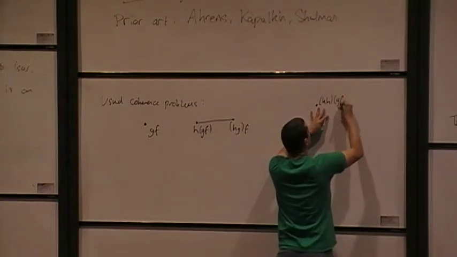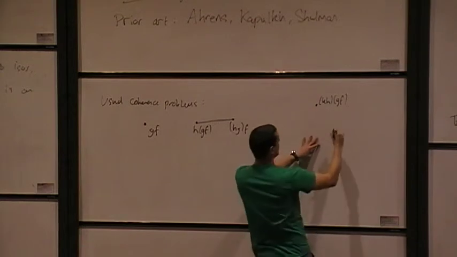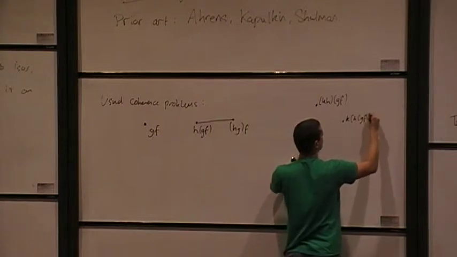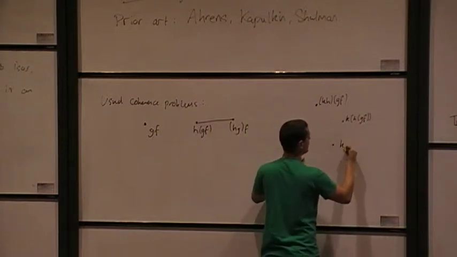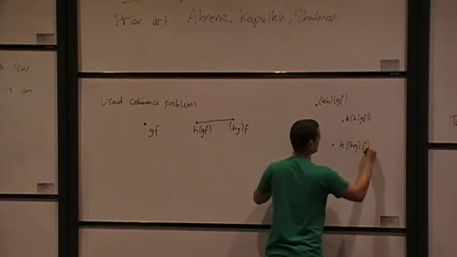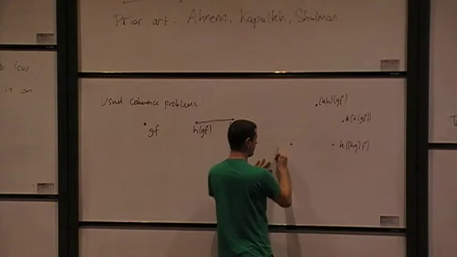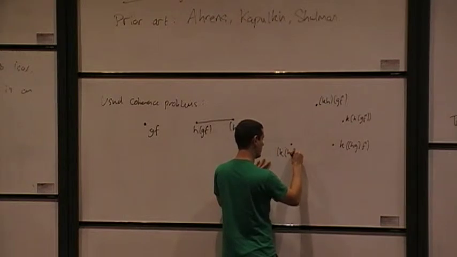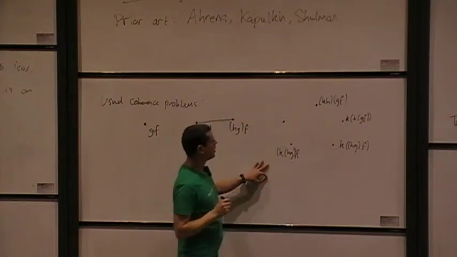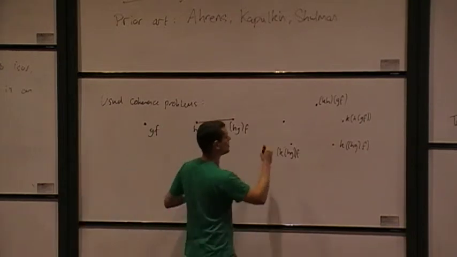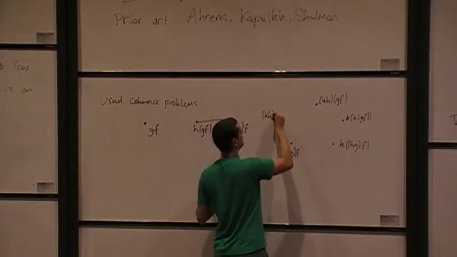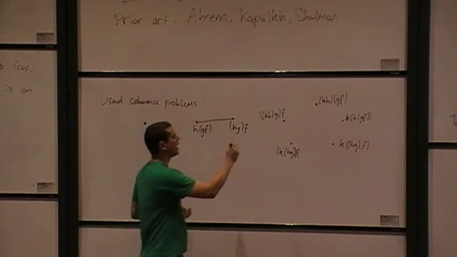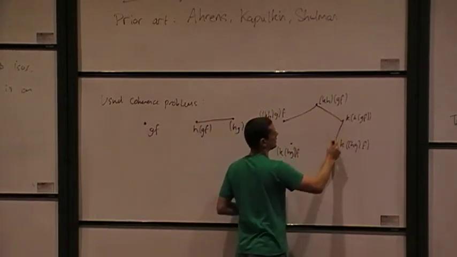KH, composed with GF, and you can associate that with KH, GF, and you can associate that with KHGF, and you can associate that in turn with KHGF, brackets here, and you can associate that with, what else should go here, KHGF, and we've given a bunch of associativity structures, and they give us edges like this.